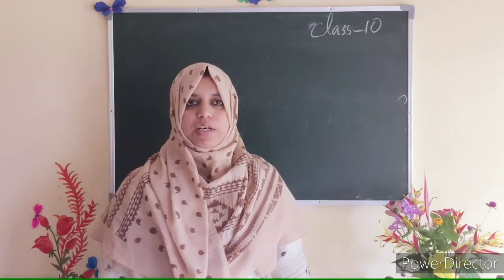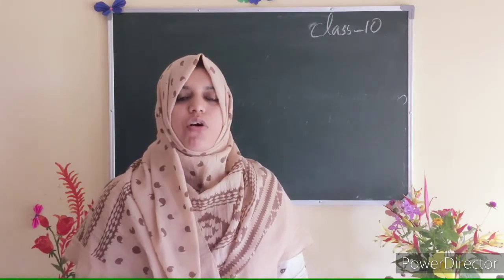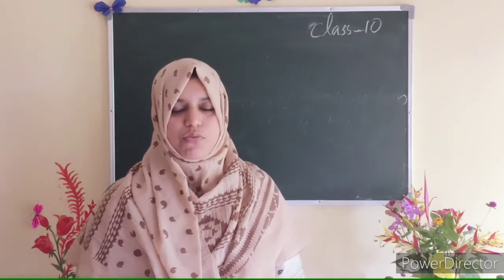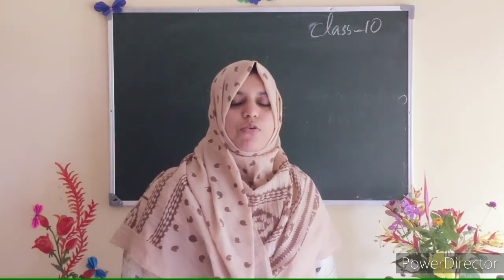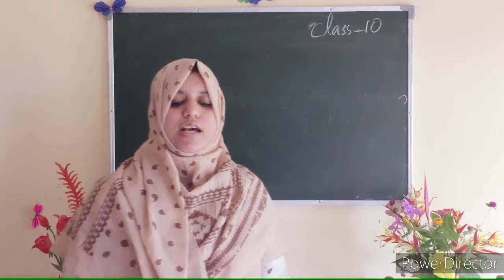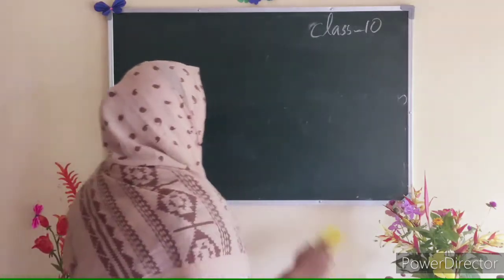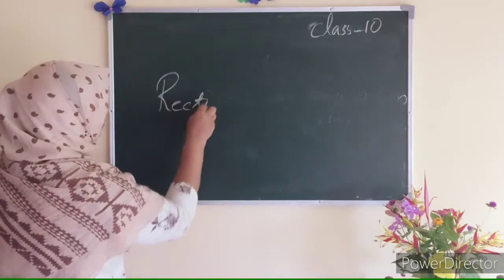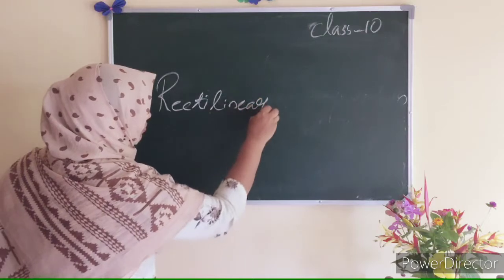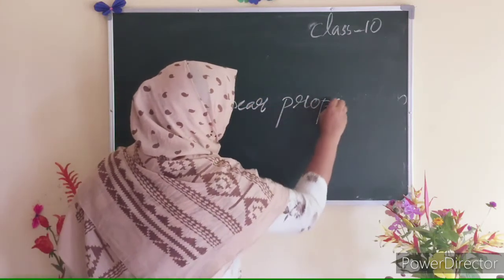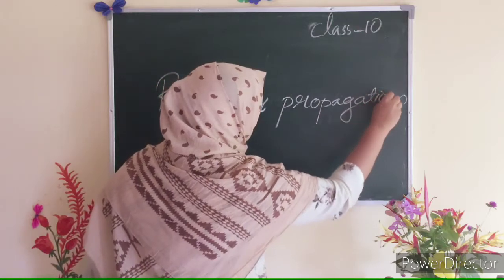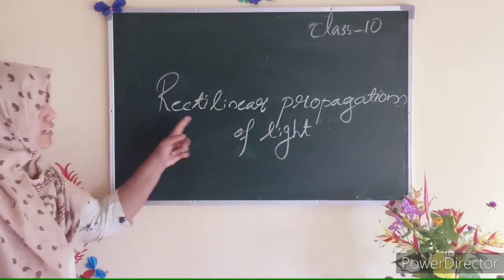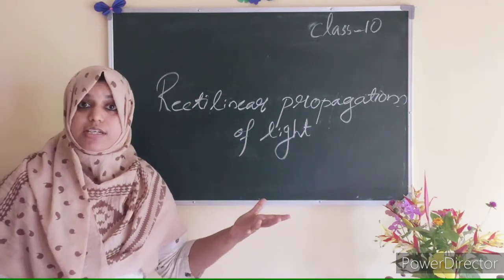Another important point about light is that light always travels in a straight line, which is represented by rays of light. This property of light is known as rectilinear propagation of light. See, children, the spelling of rectilinear. What is rectilinear propagation?